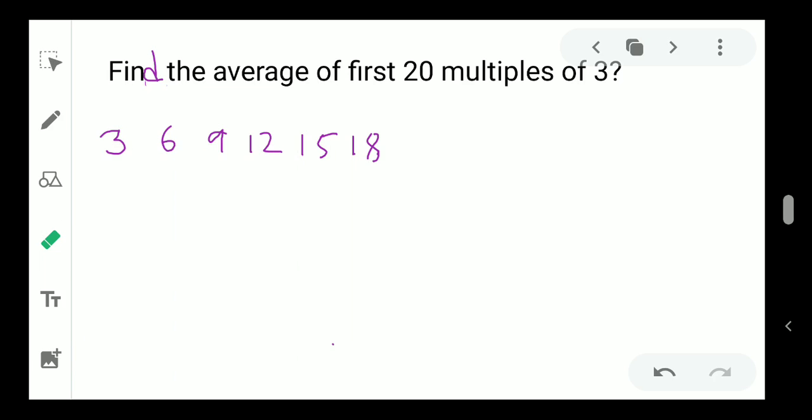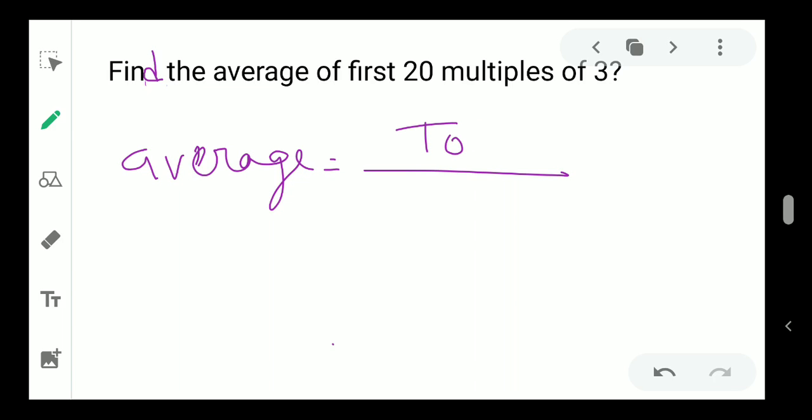See, we know already that our average is my total divided by the number of items. So I have to add all the 20 multiples of 3, and then divide by the number, that means 20, because there will be 20 items.